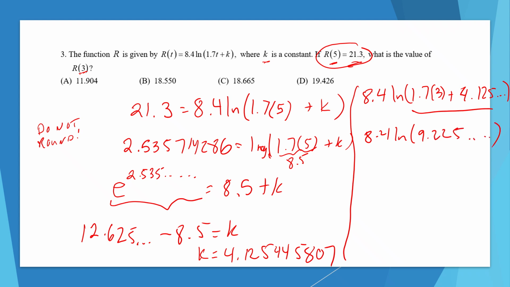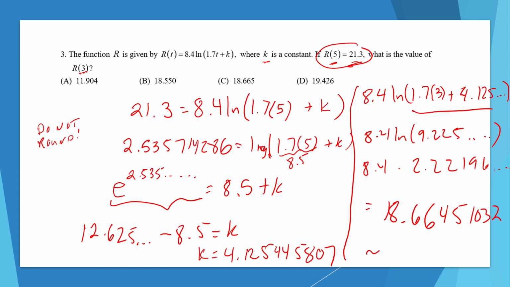And now I'm going to do the natural log of that number to get 8.4 times 2.22196 and so on. Then I'm going to multiply it by 8.4 to get 18.66451032. And then here we can round to 3 decimal places, 18.665, which should be answer choice C.